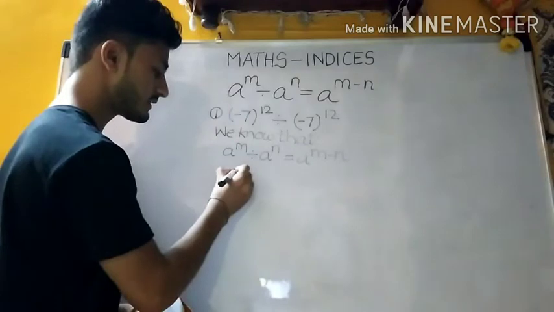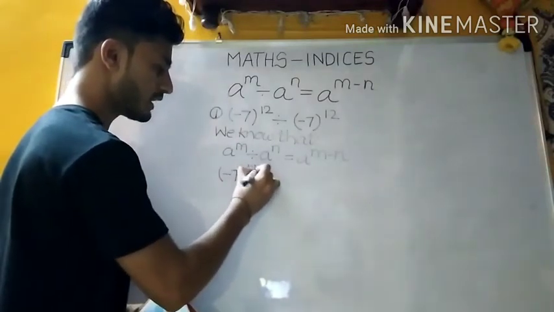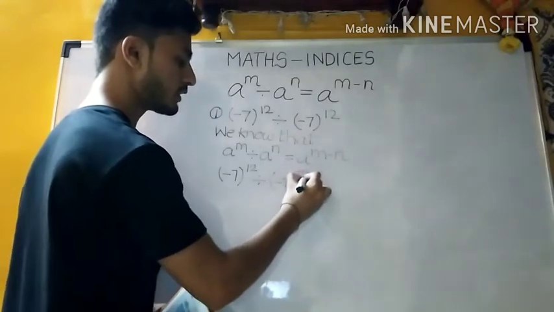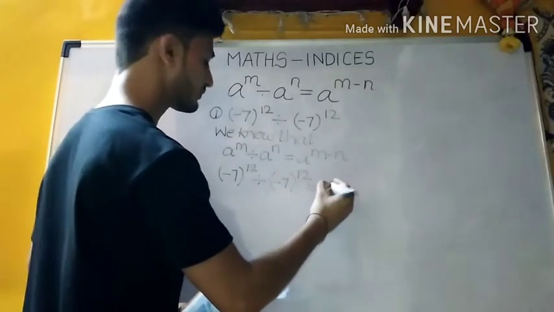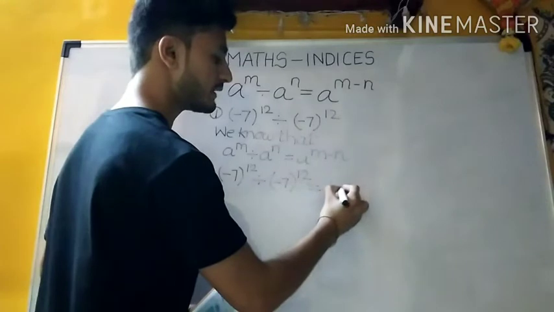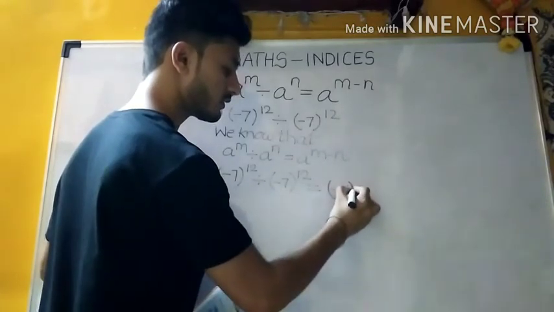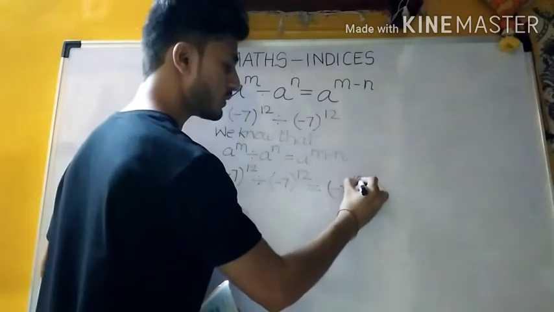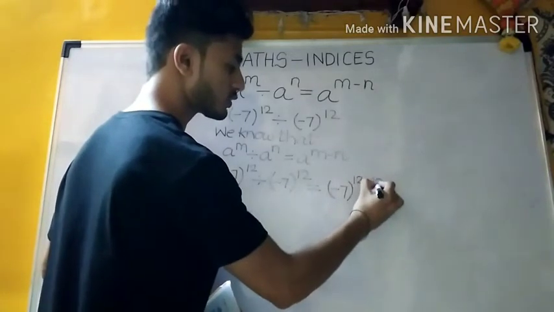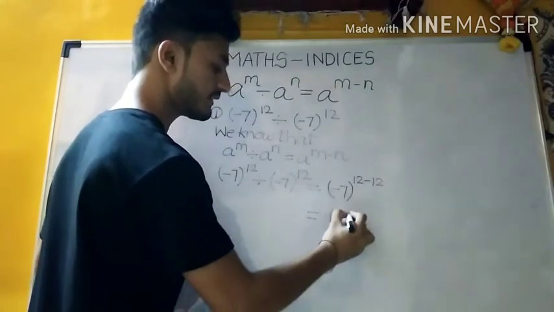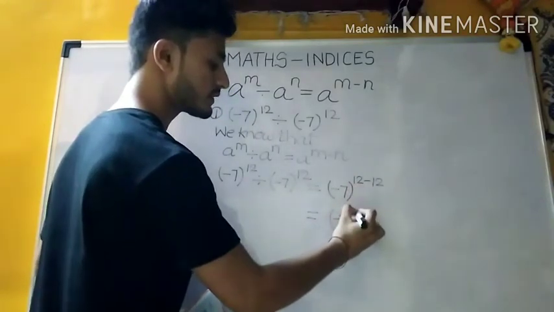Minus 7 raised to the power 12 divided by minus 7 raised to the power 12 is equal to minus 7 raised to the power 12 minus 12. So the answer which we are going to get is minus 7 raised to the power 0.